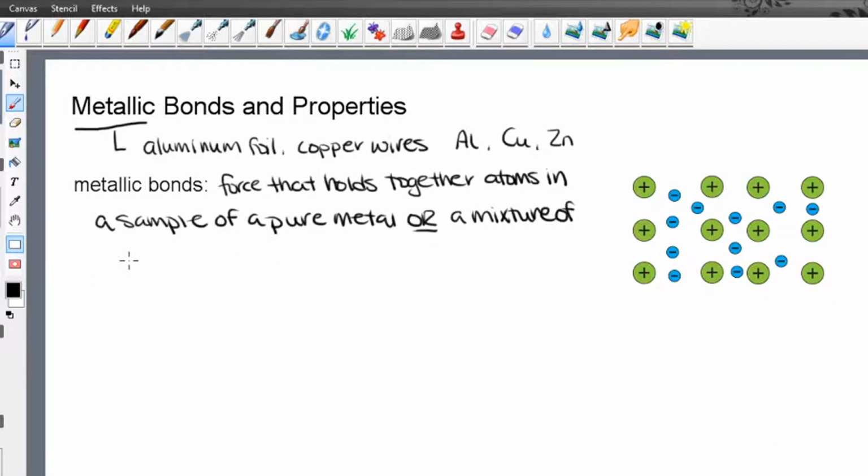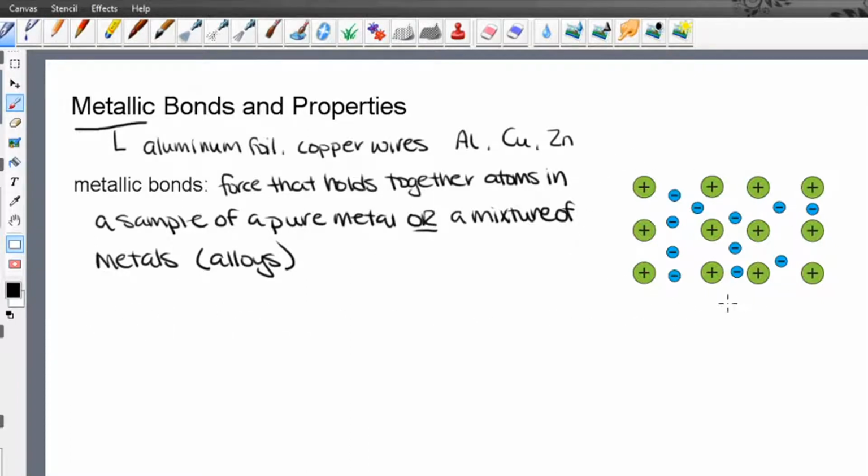And we don't call mixtures of metals compounds. We call them alloys. And we'll talk more about alloys down at the bottom of our notes page here in a minute. So what we're referring to is this force that's holding together these samples.